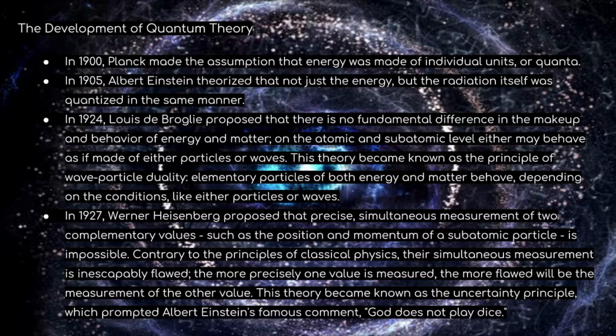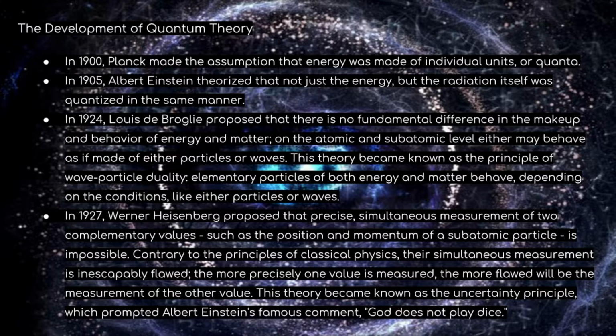In 1927, Werner Heisenberg proposed that precise simultaneous measurement of two complementary values, such as the position and momentum of a subatomic particle, is impossible. Contrary to the principles of classical physics, their simultaneous measurement is inescapably flawed.